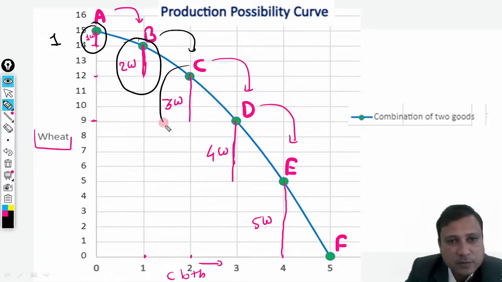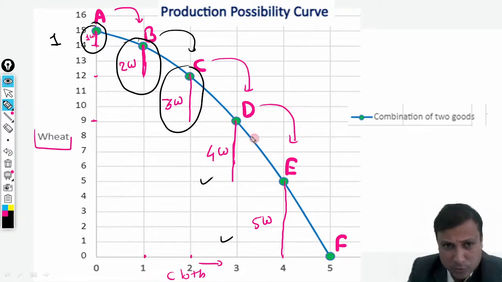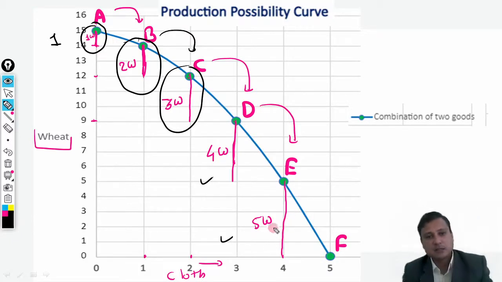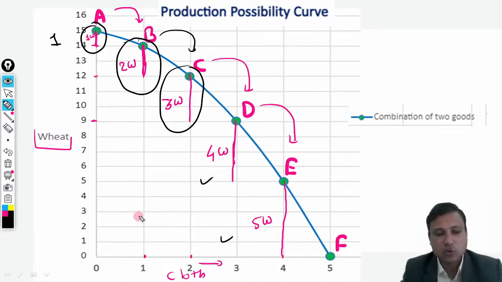Then C to D, that is 3W, 4W, and 5W. As you can see, this line is small here, and as we are shifting from one possibility to another possibility, this line is getting extended, correct? And that is the reason that this production possibility curve is concave.